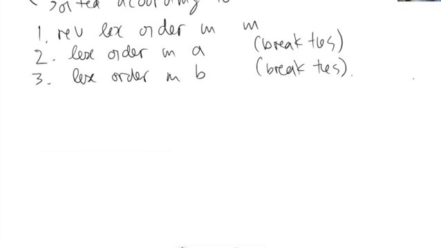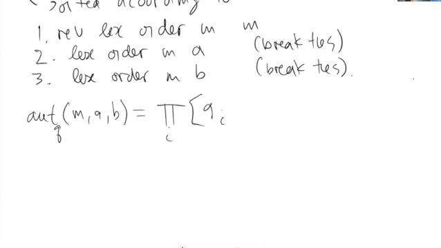So my automorphism factor is just the following guy. It is the product over all i of the factorial of alpha i, where alpha is the composition which is the level sets.